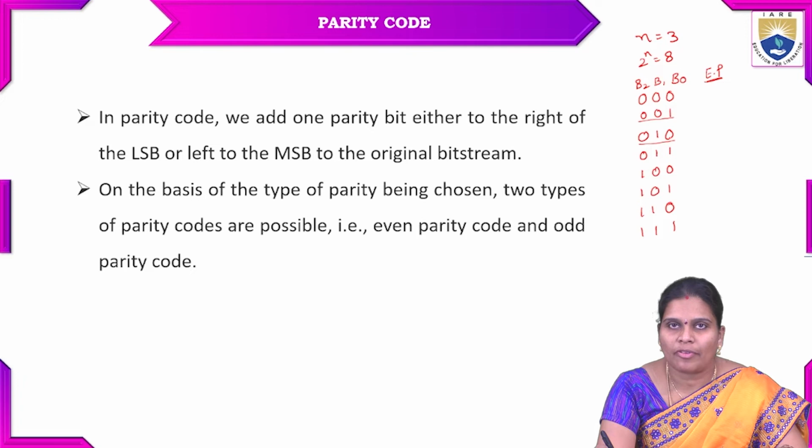If a single one is there, that is not even. If the number of ones is 2, 4, 6, 8, that is an even value, so then even parity applies. The even parity bit is 0 or 1.